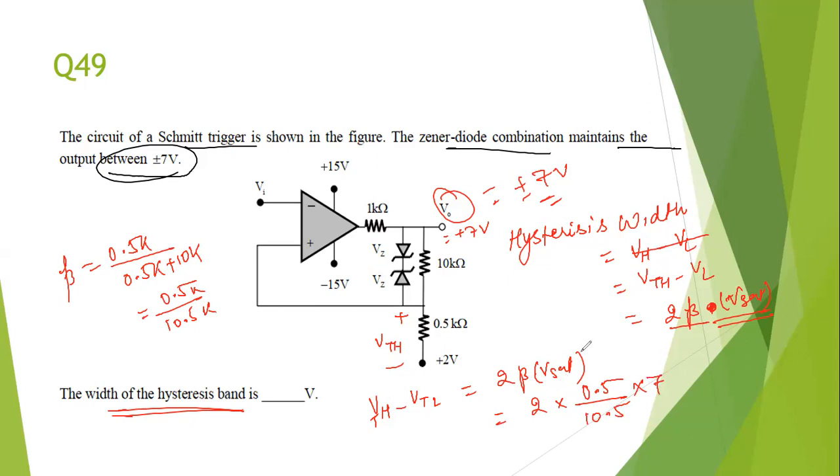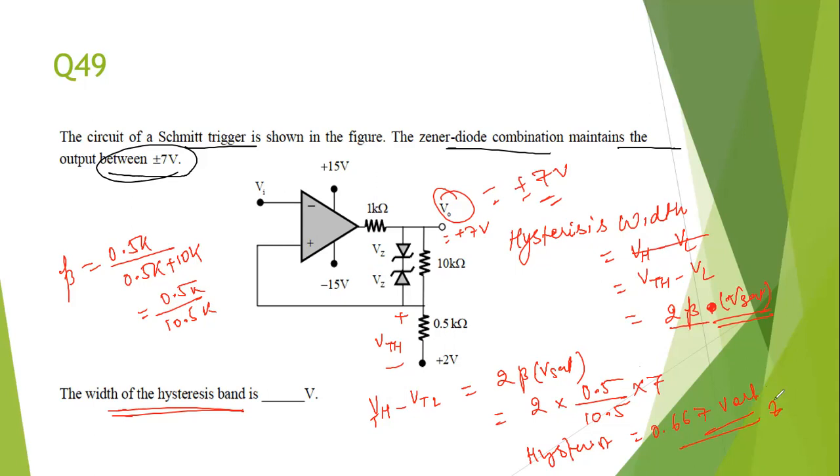Just put in all the values, and after putting in the values, the hysteresis width will be 0.5 into 14 divided by 10.5, and this is equal to the exact answer, 0.667 volt. So the answer will be 0.667 volt.